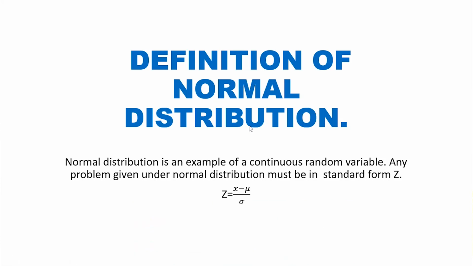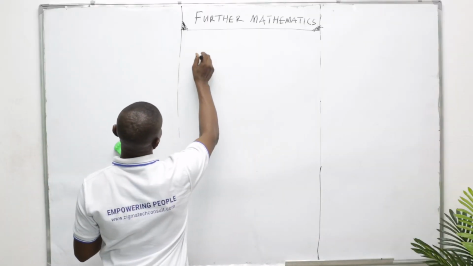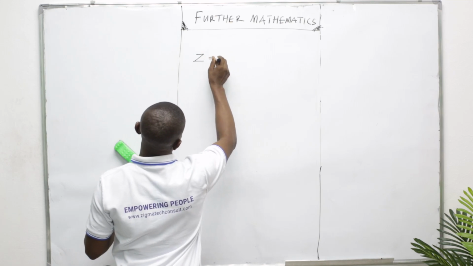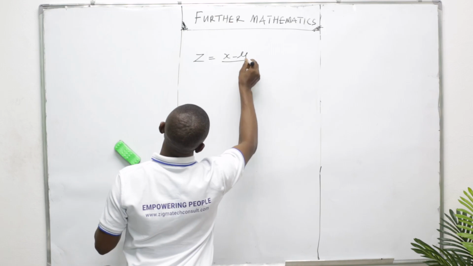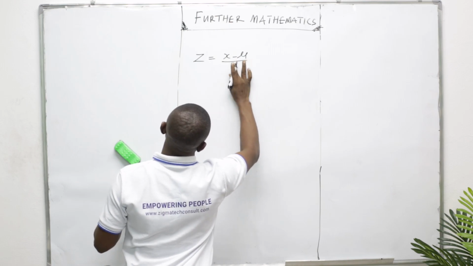Definition of normal distribution. The normal distribution is an example of what? Continuous random variable. Any problem given under normal distribution must be in the standard form. That is to say, z, the standard form z equals x minus mu all over sigma.